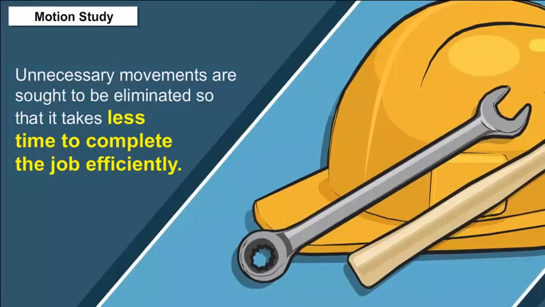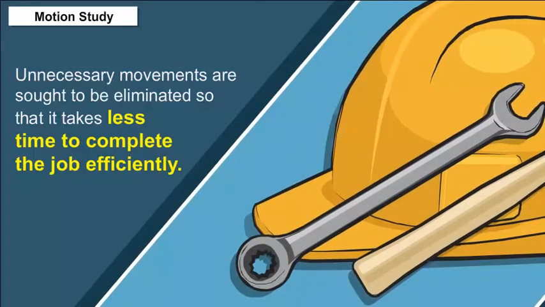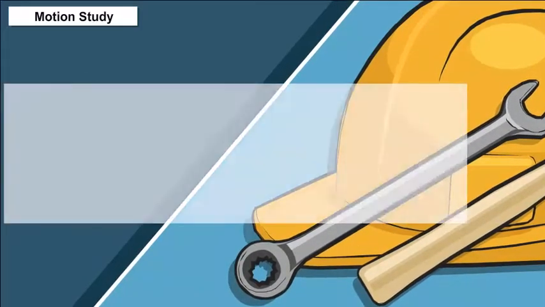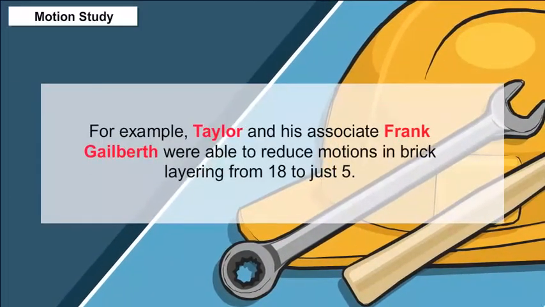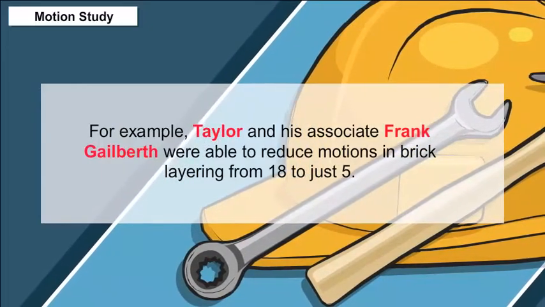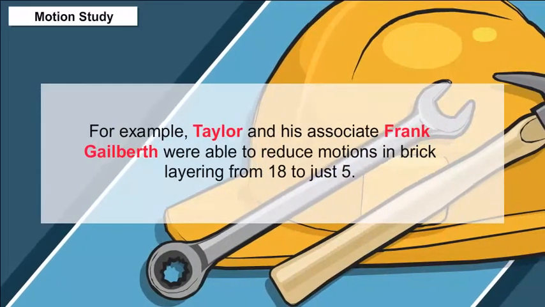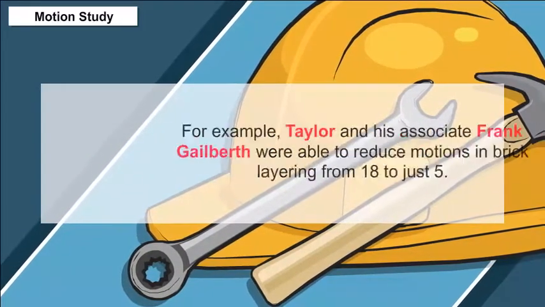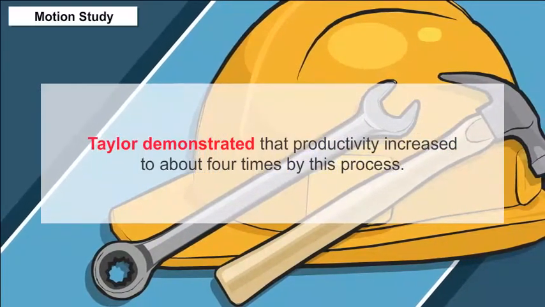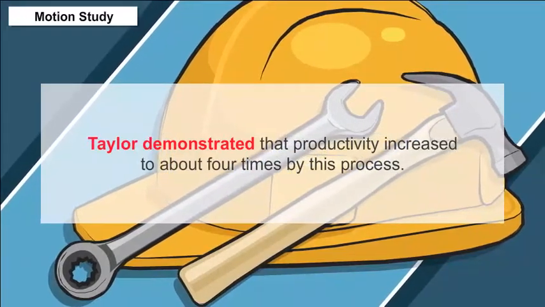Unnecessary movements are sought to be eliminated so that it takes less time to complete the job efficiently. For example, Taylor and his associate Frank Gilbreth were able to reduce motions in bricklaying from 18 to just 5. Taylor demonstrated that productivity increased to about 4 times by this process.